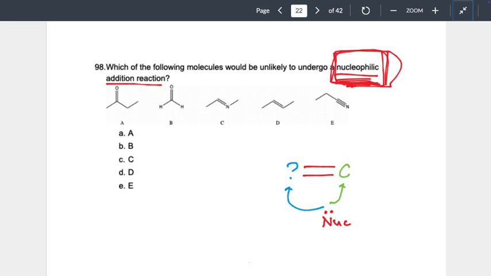Okay? If we go through and look at our answer choices, this is where we could start to evaluate answer choices to say which one of these things makes the most sense. But I would argue we don't even need to do that. If it's a nucleophile, it needs to supply electrons to what? What would an electrophile look like?